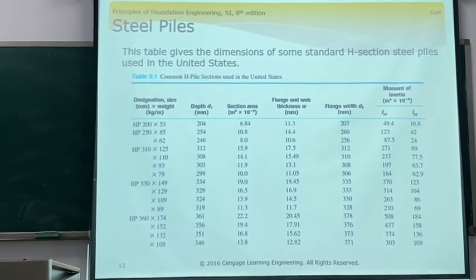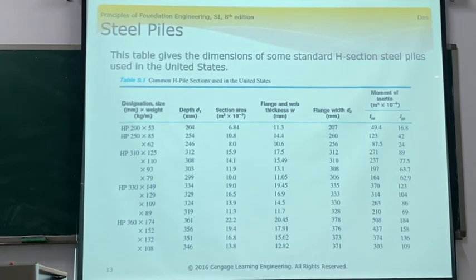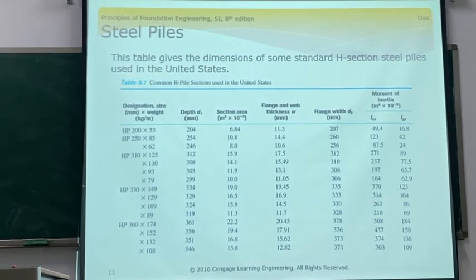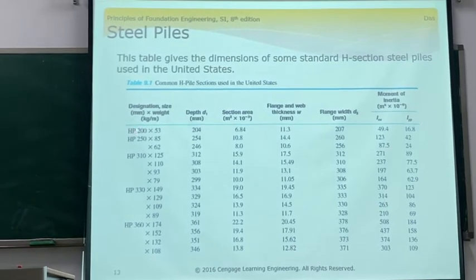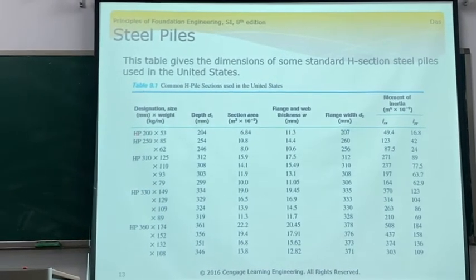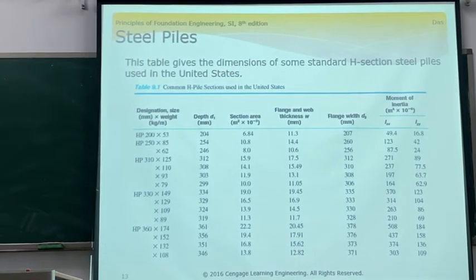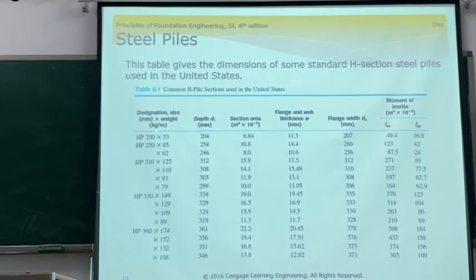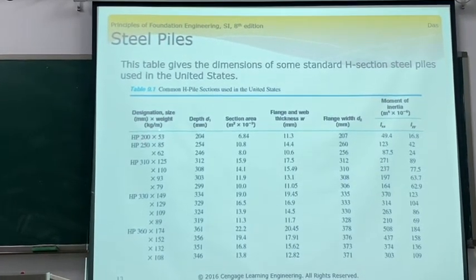So this table gives the dimensions of some standard sections, HP steel H-piles used in the US. HP, this is HP. HP is the material standard of the steel. So this is the size, 200 times weight.